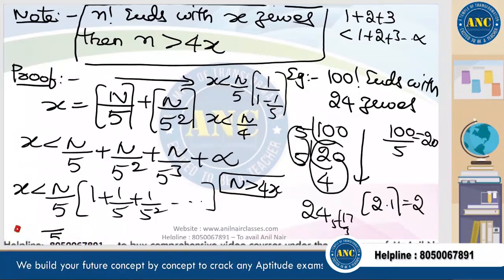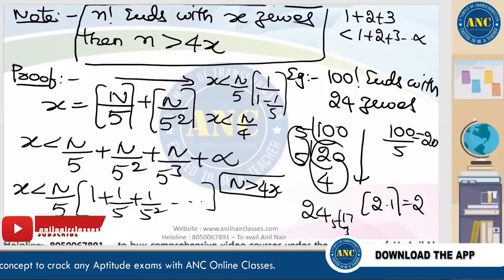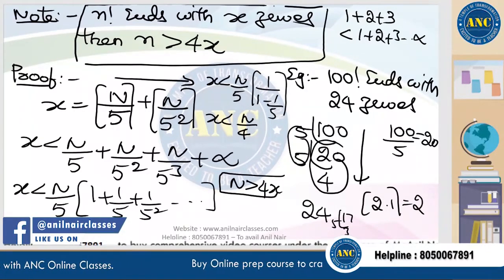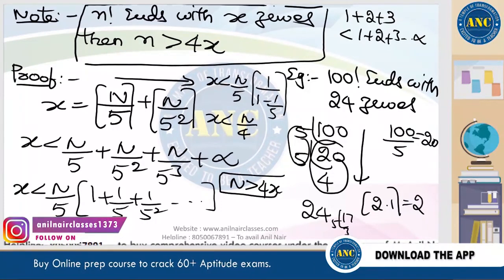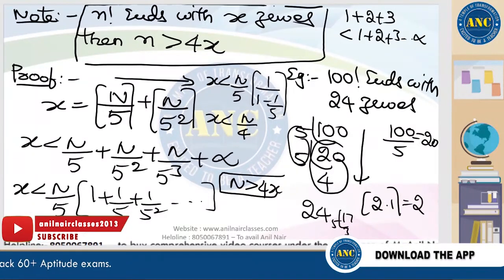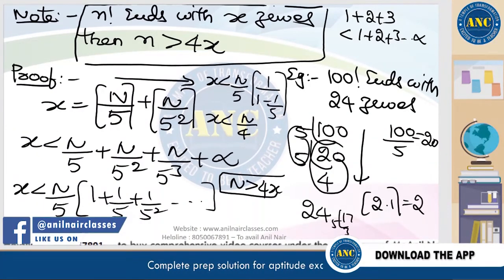Please write down this point: if n factorial ends with x zeros, then n is always greater than 4x. I will tell you its concept when we discuss, otherwise it will be very lengthy. This entire proof is to tell you that n should be greater than 4x.